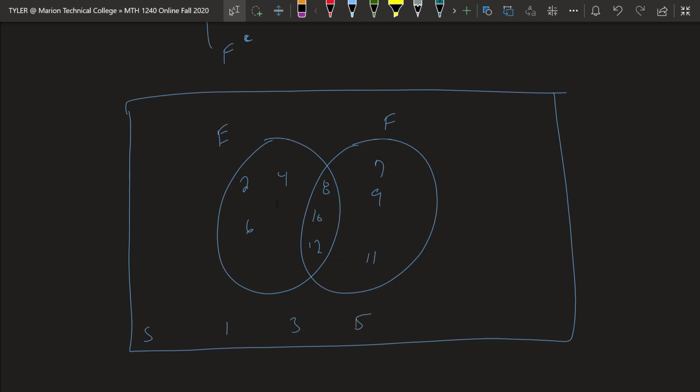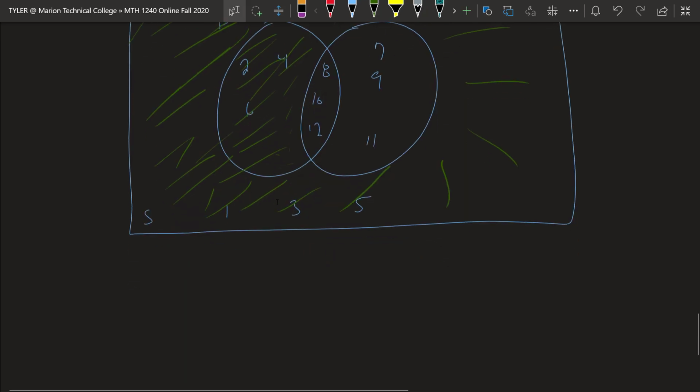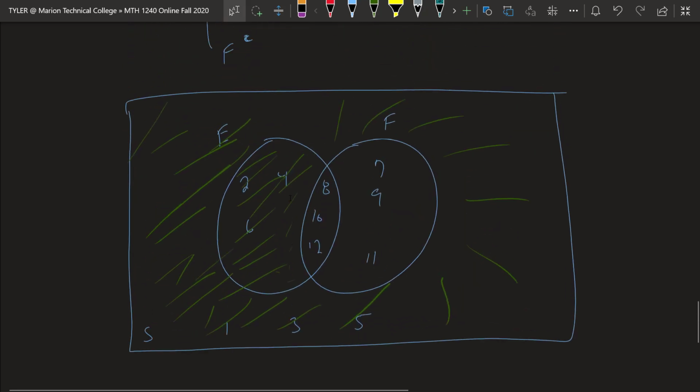So we have that shown. Then F complement, if I wanted to shade that, would be anything outside of this F circle, including this part here, which is the part that E covers but doesn't overlap with F. All of that is F complement.